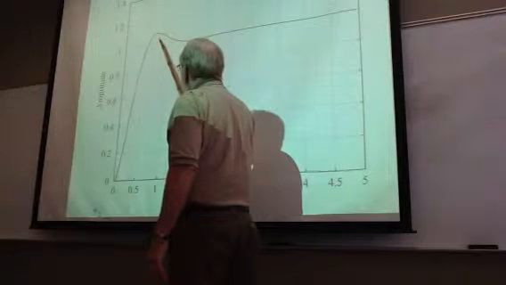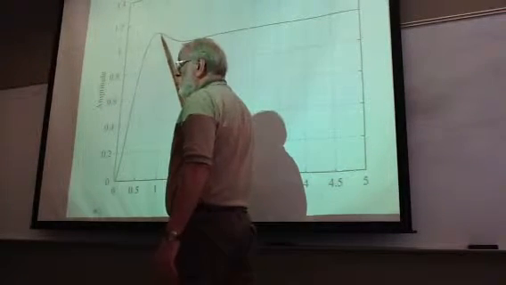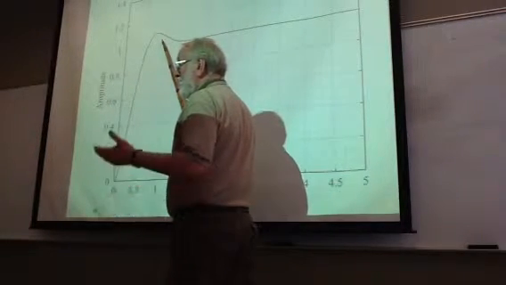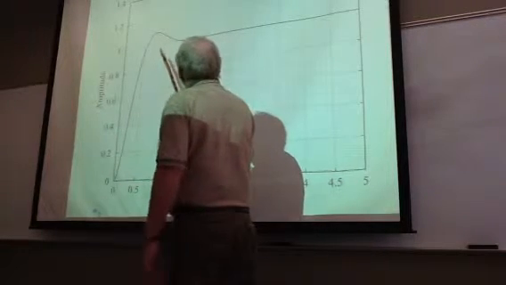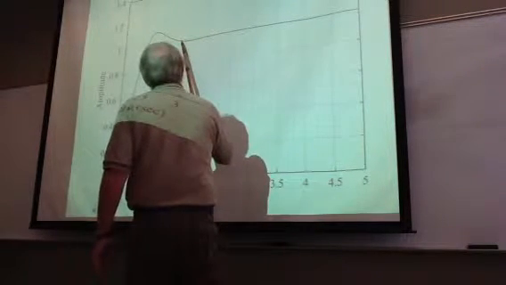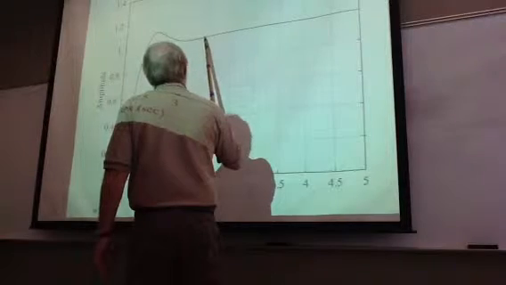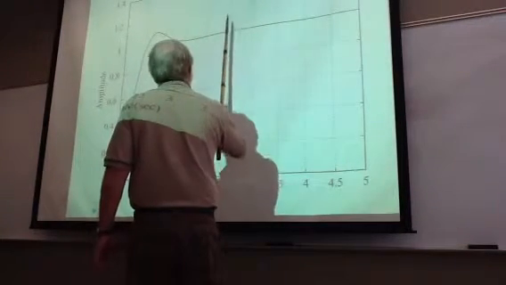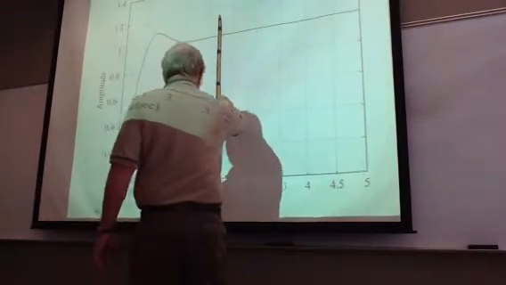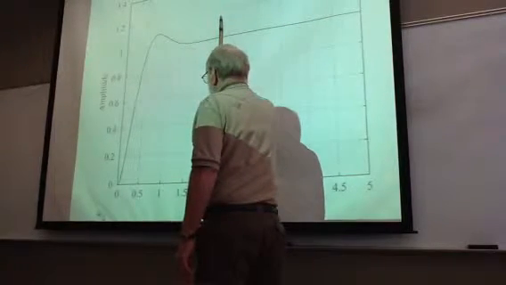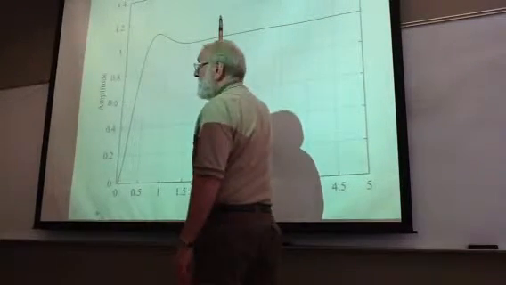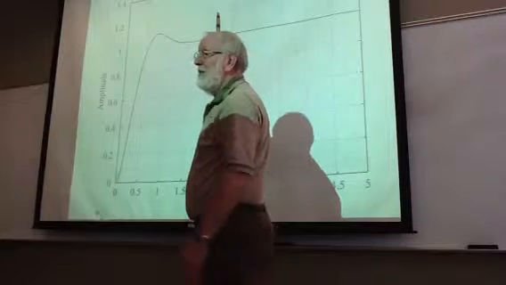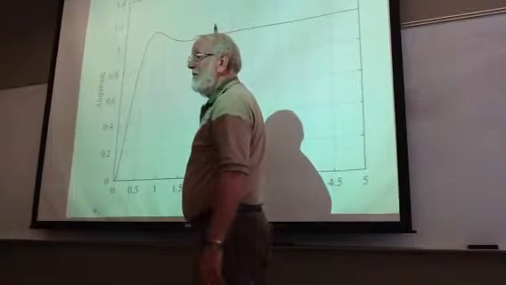We call that overshoot. And then it comes under it a little bit, and then it settles down. We would call this the settling time, when it finally reaches steady state value.